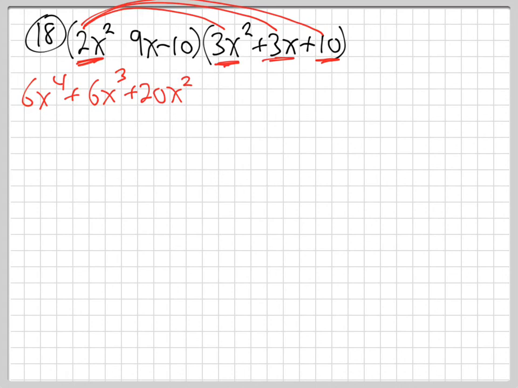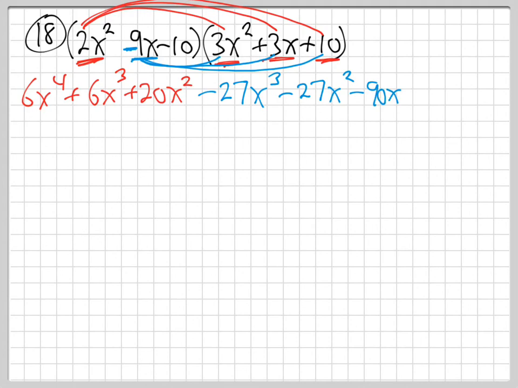Then this, that's right, because this minus sign's really on the 9x. So that minus 9x is going to go boom, boom, boom. So you'll get minus 27x cubed. Out front numbers multiply, powers add. Minus 27x squared minus 90x.